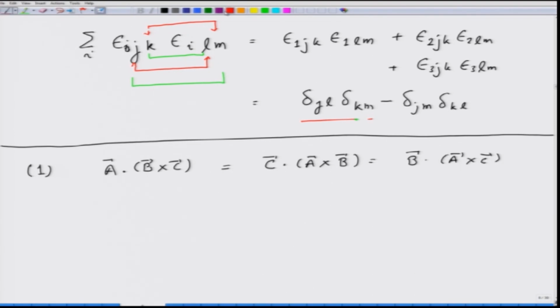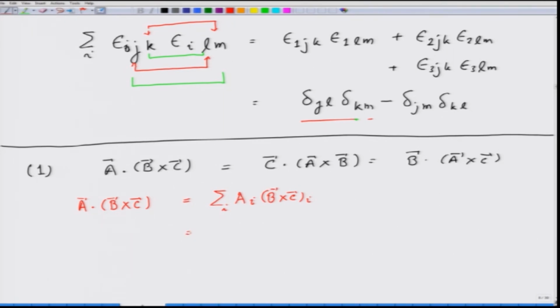Let us take A dot B cross C, which is going to be nothing but the summation over i of A_i (B cross C)_i, by the definition of the dot product.